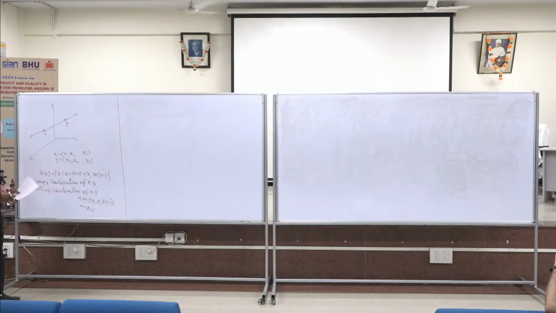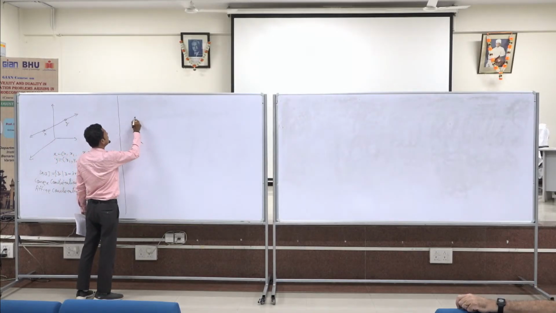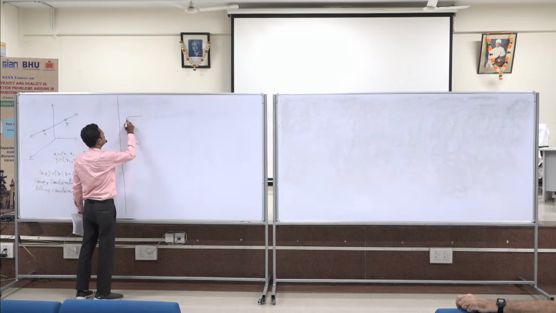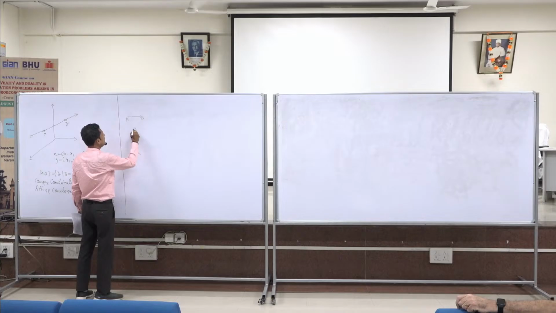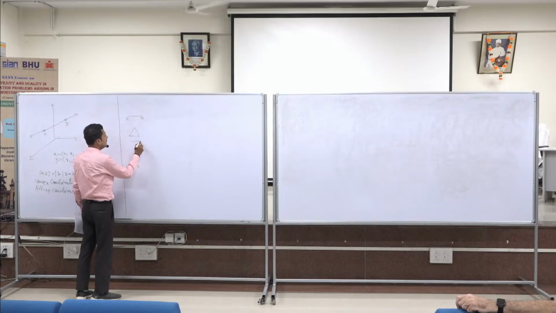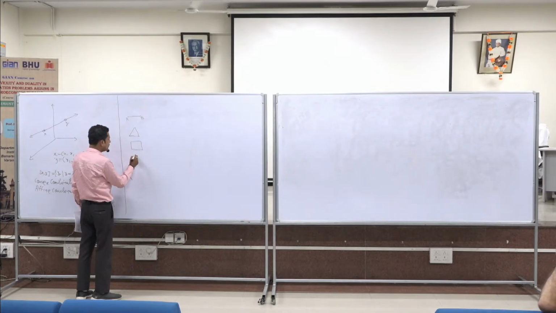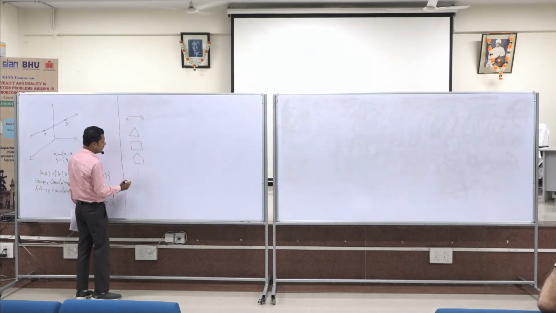So for a convex set, we can start from a point, and then we have 2 points, A and B. Suppose we have 3 points, and we can join them like this, and this is a triangle. Then we can increase the number of sides in a polygon, and if we keep on increasing like this, maybe when n tends to infinity, we will get a circle.